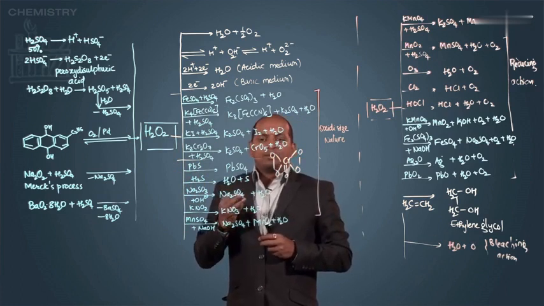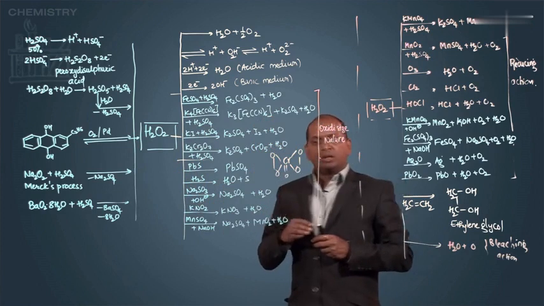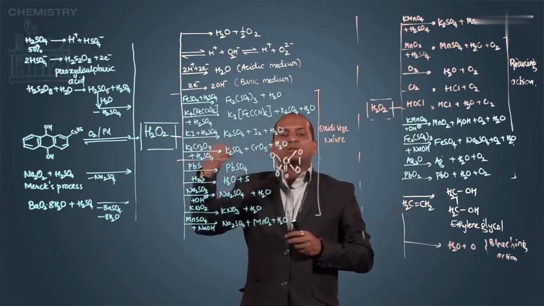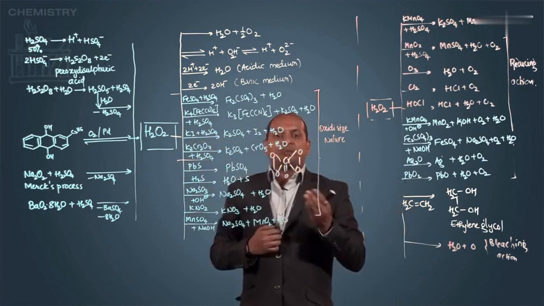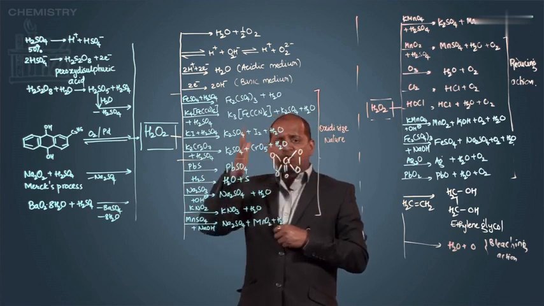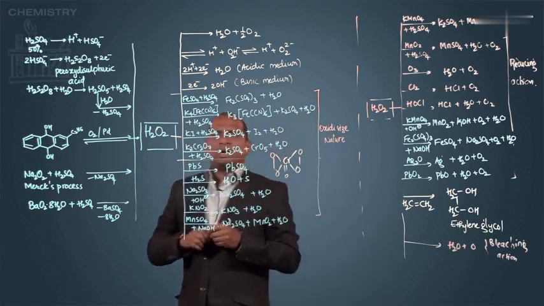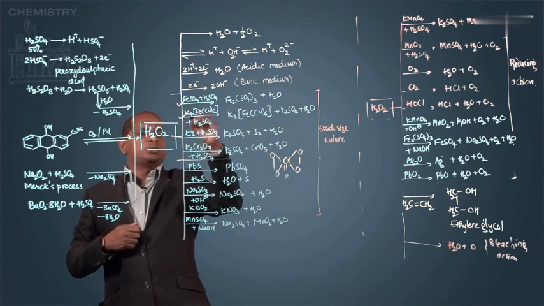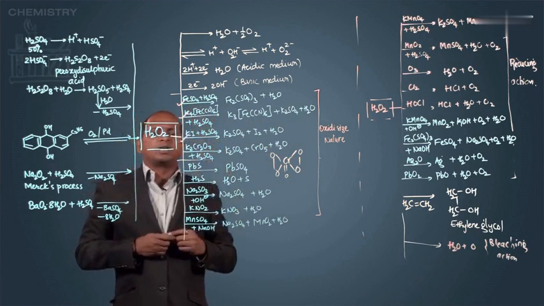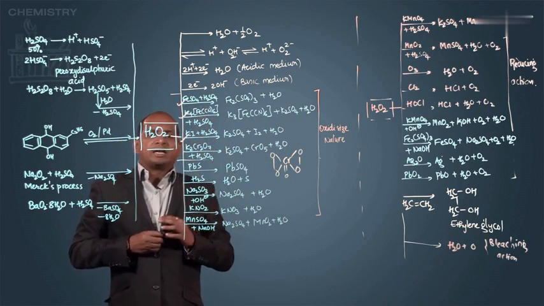Now, the product formed depends upon how many electrons oxygen is accepting from the other element. So, in some cases like reactions 1, 2 and 3, these are normal oxidation reactions.